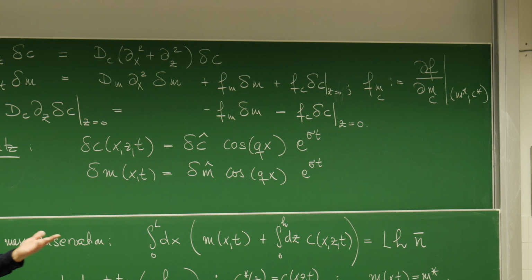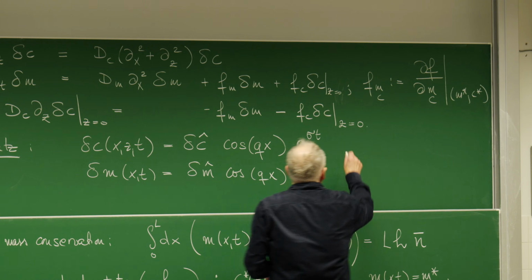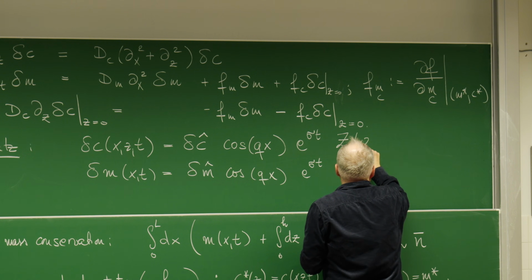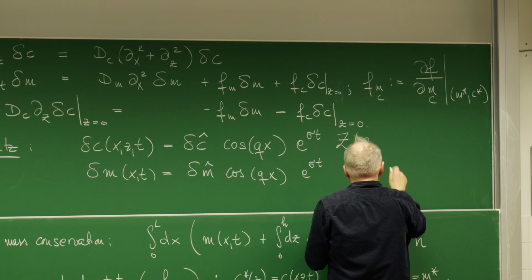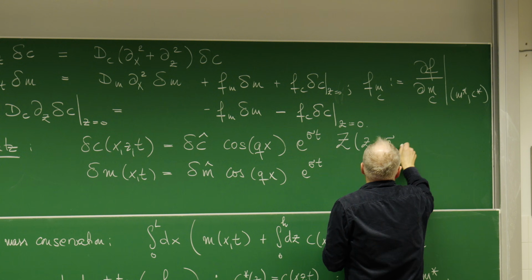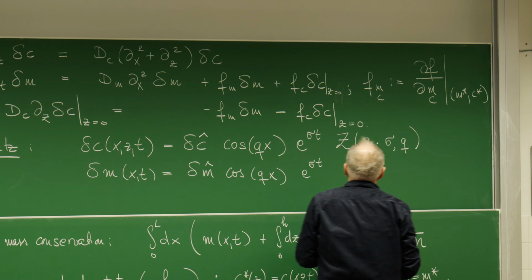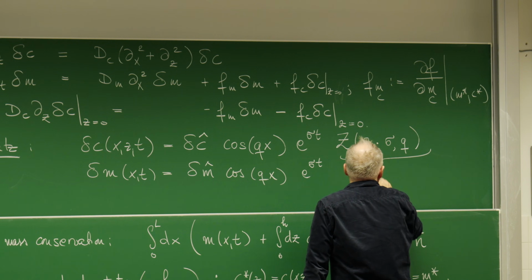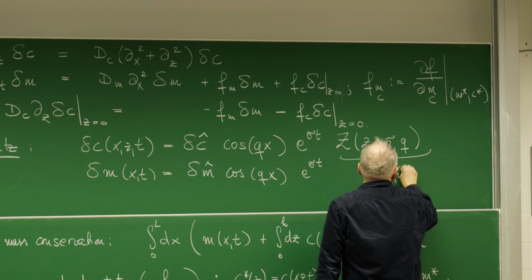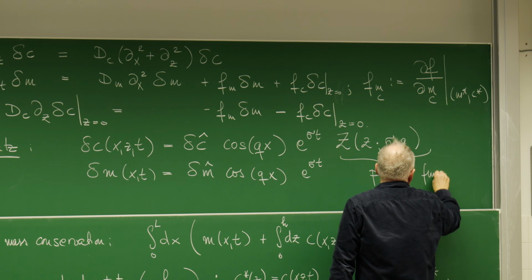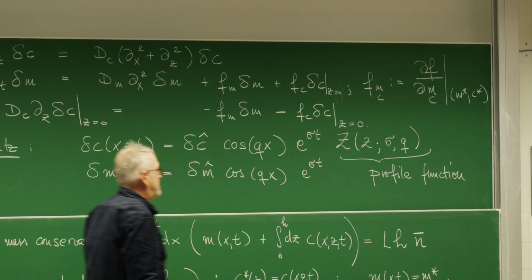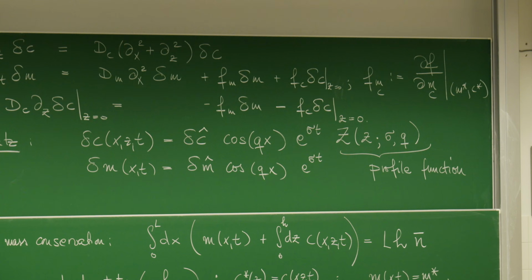But the perturbation, of course, can have a profile. So I need to be careful here and add a profile function that in general depends on z and can also be a function of the wave vector and the eigenvalue. That I call profile function for the cytosolic density above the membrane.